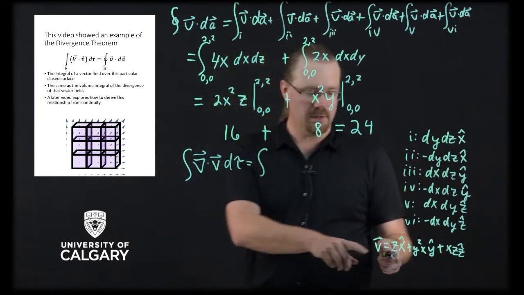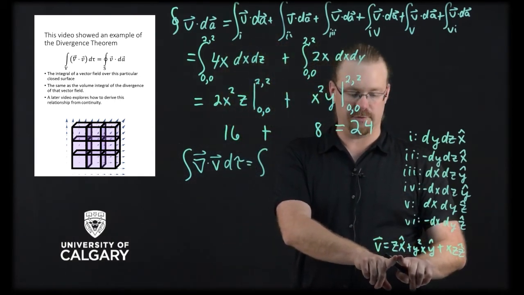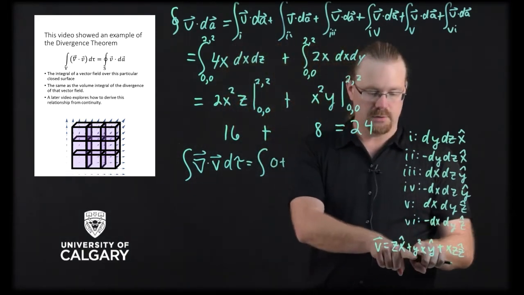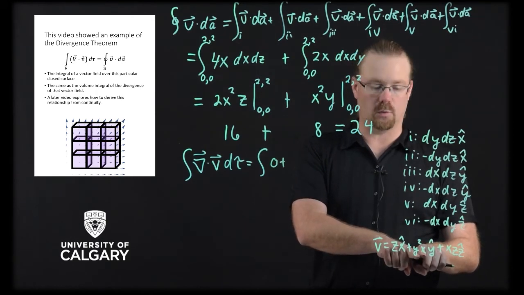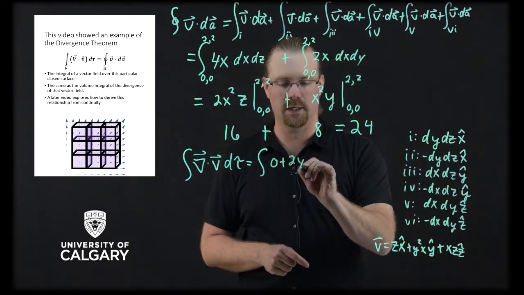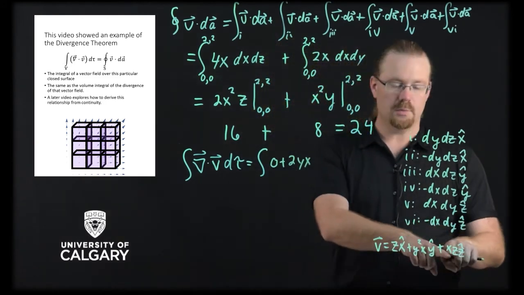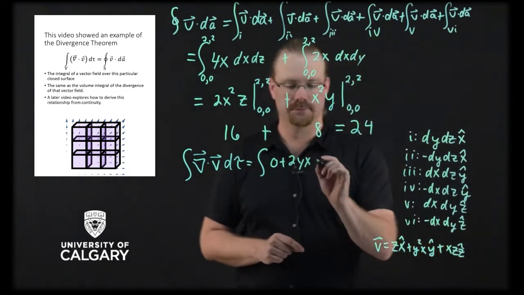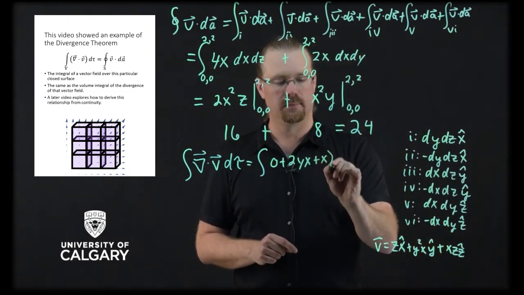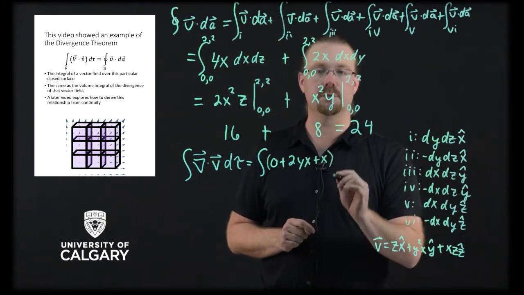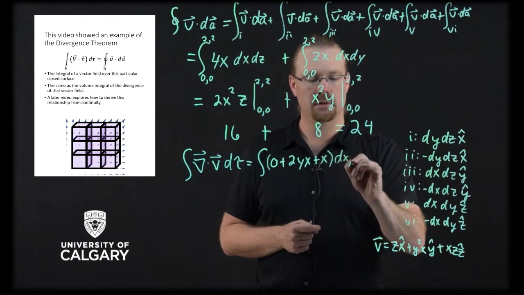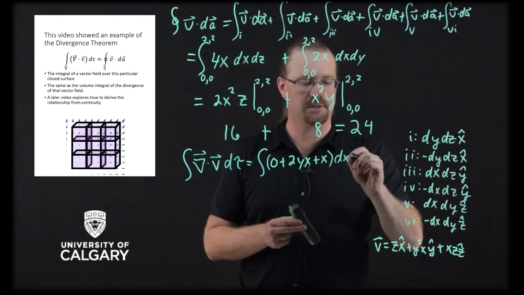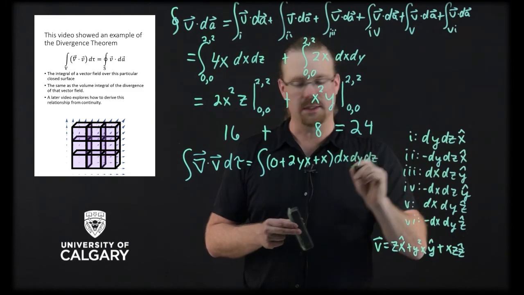So the divergence of v is the x derivative of z, which is 0, plus the derivative of the y component with respect to y, which is going to be 2yx, plus the derivative of xz, the z component of v, with respect to z, so x. Now this is a volume integral, so we have a triple integral, dx, dy, dz.